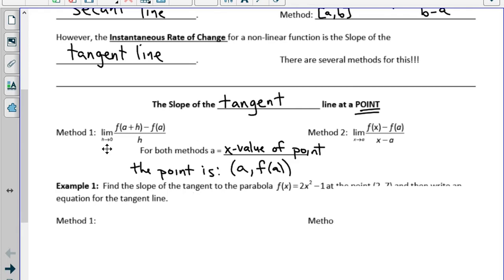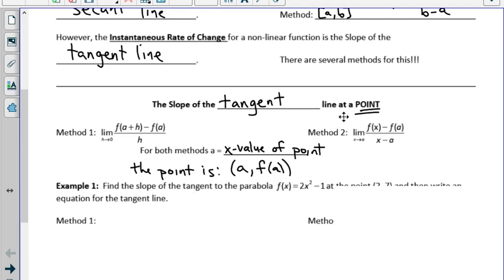But even if that's not something you learned, this is something that you practiced a couple times when you started learning limits, and they may have snuck these in. These are actually definitions of the derivative. Method 2 is actually the definition of the derivative at a point. Method 1 is the definition of the derivative in general, but you can use it at a point as well.